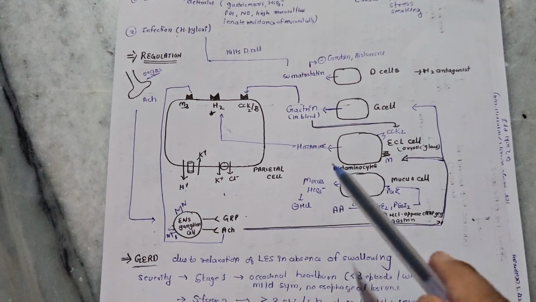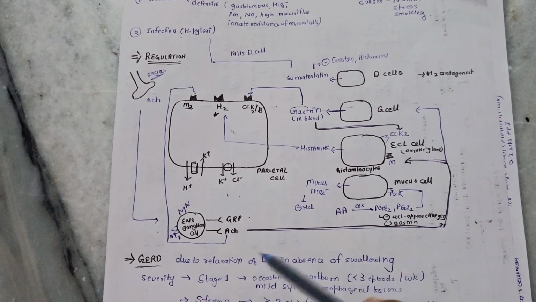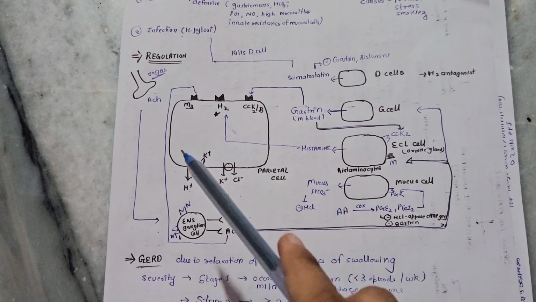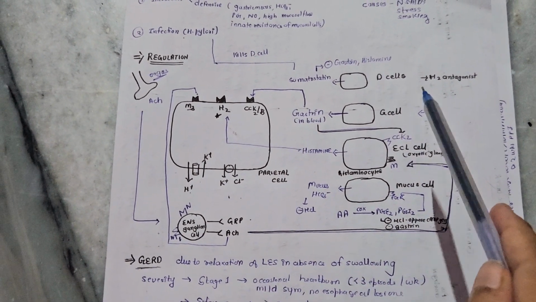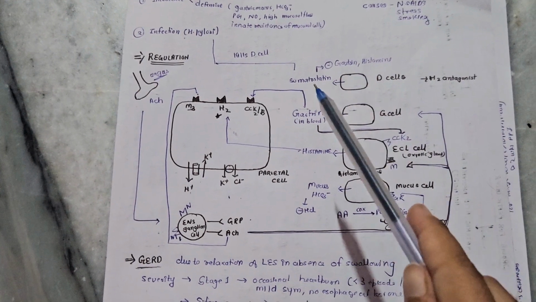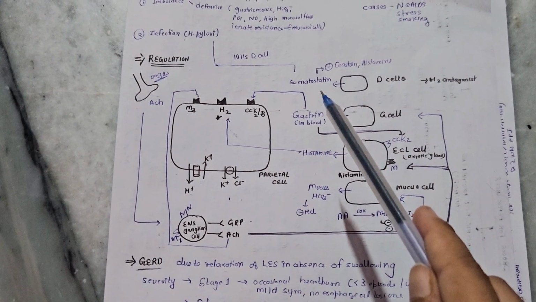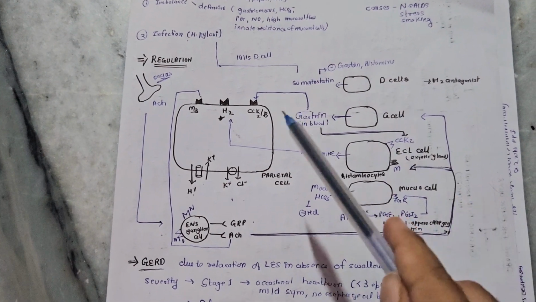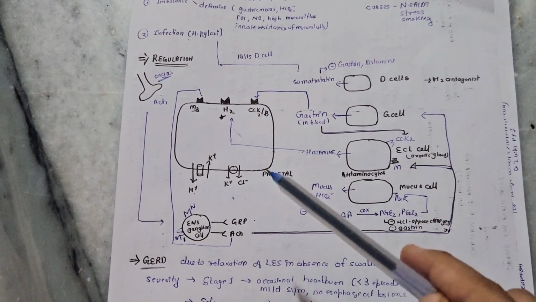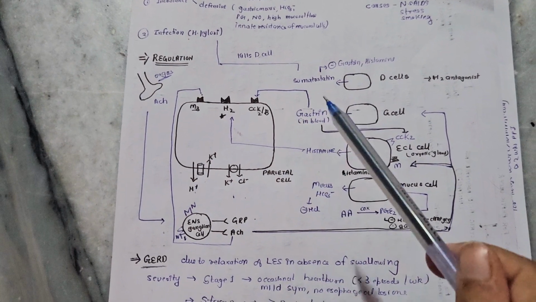Now we saw the activation of these three receptors. Now in defense, there are D cells located, which release somatostatin, a hormone which inhibits gastrin and histamine release and causes decrease in HCl secretion.